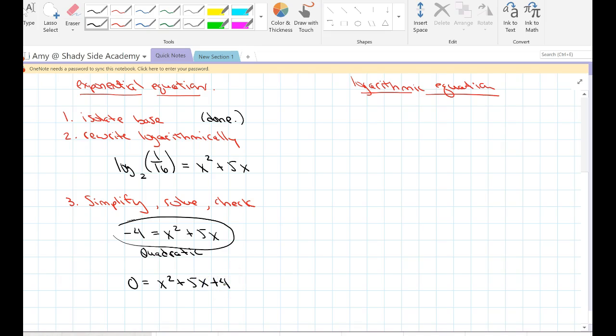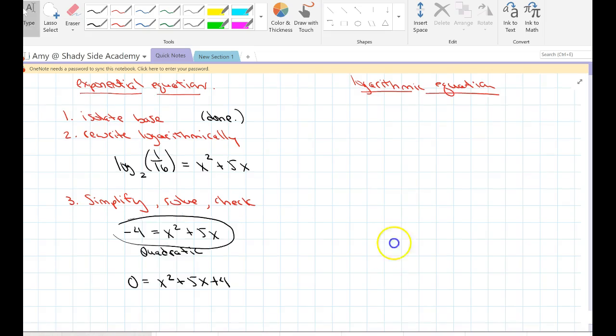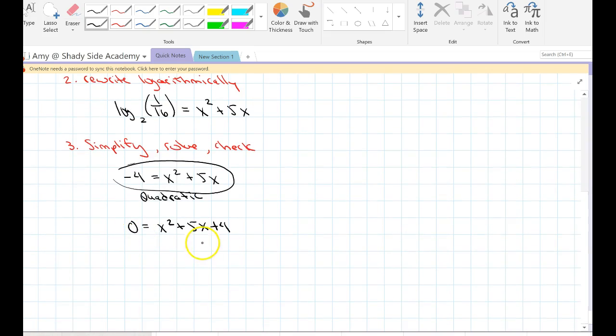And you say to yourself, what are the ways that I can solve a quadratic? I can solve by factoring, I could solve by completing the square, I can solve by the quadratic formula, but once I set it equal to 0, if it's factorable, that's where I'm going to go, and here I am. Okay? And then I know x equals -4 and x equals -1.